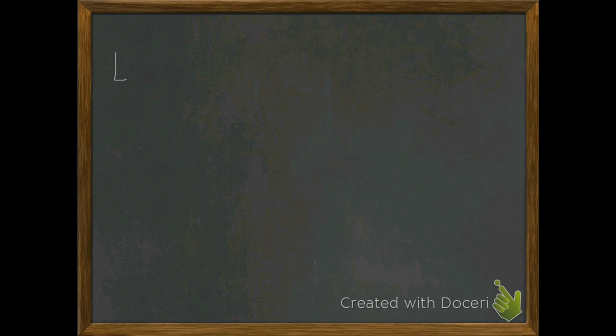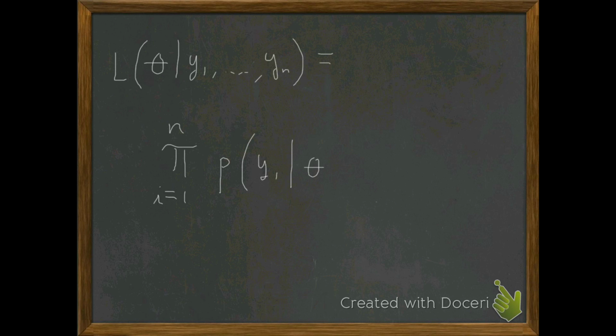And the likelihood function of theta, given our data, is going to be equal to the product from i equals 1 to n of the probability, and that should be y sub i. All right.